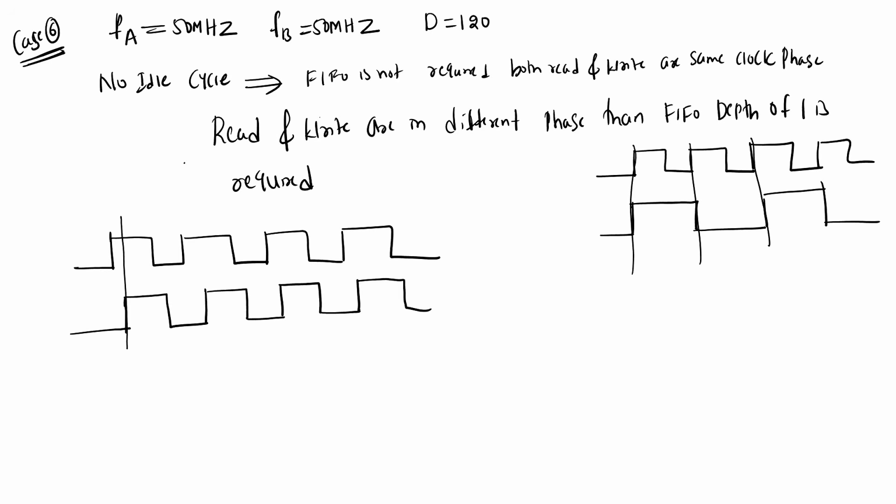Sir, I have a doubt here. A FIFO is not required if there is no idle cycle, but in the case where writing is slower compared to reading, we used a one depth FIFO. Why there and why not here?